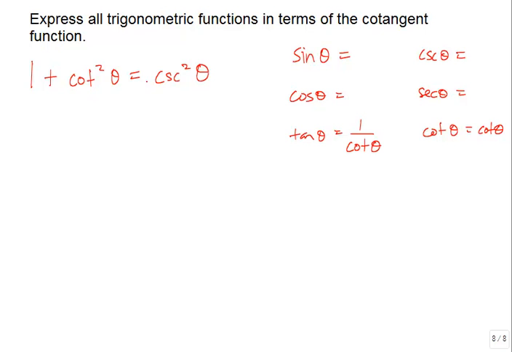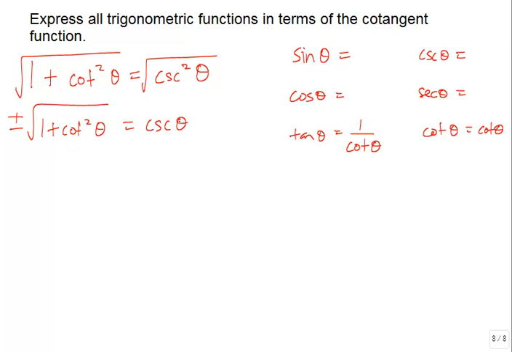So all I have to do to solve for this cosecant is undo that square. So I'm going to take a square root of both sides, and that would be a plus or minus square root of 1 plus cotangent squared theta equals this cosecant theta. So this is what I mean by writing cosecant theta in terms of a formula that uses cotangent.